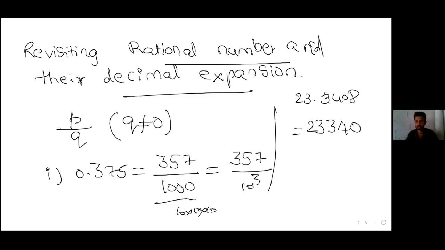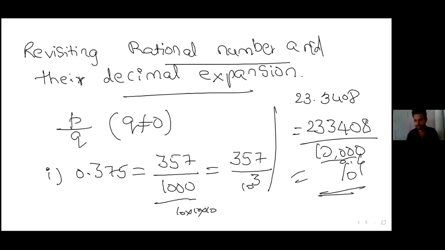Yeah, this can be written in this way, right? If I just divide this by 10 raised to 4, or 10,000, I'll get this, and further I can write 10,000 in the form of 10 to the power 4, right? So this is how we can write various decimals in different forms.